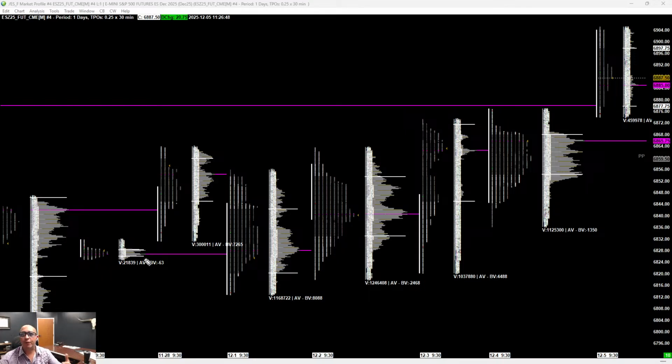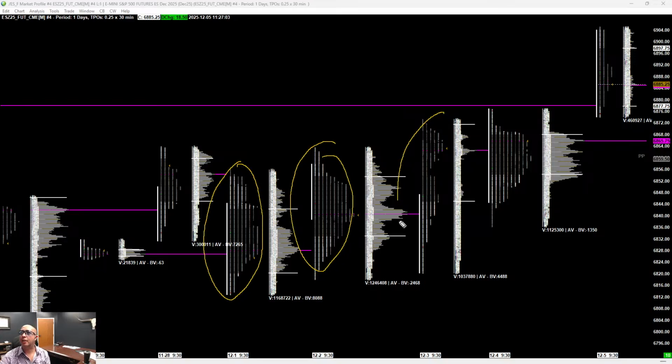But I'm always thinking, if you're new to trading, I'm just reiterating things you should be looking for. When you look at this profile, and this one, and this one, what is the pattern that you see?